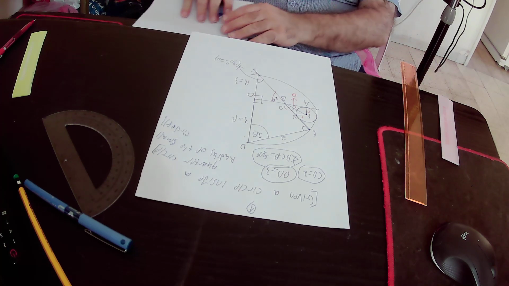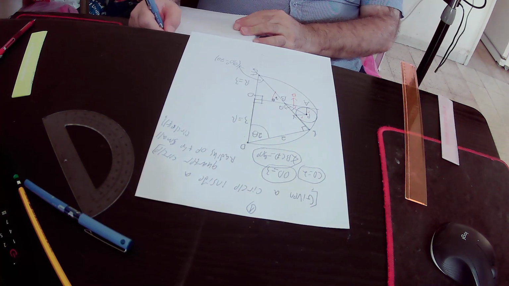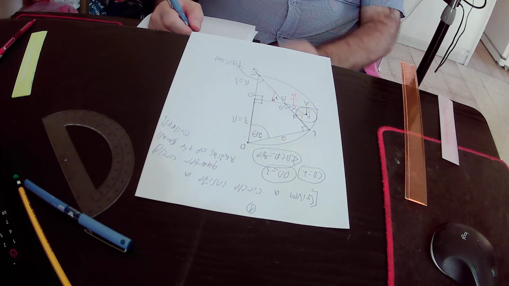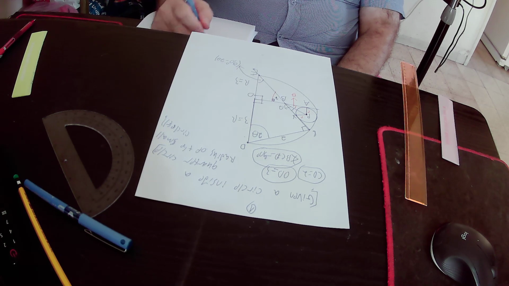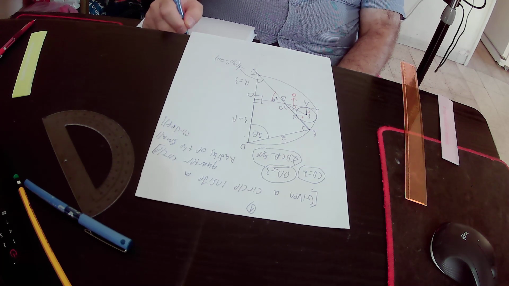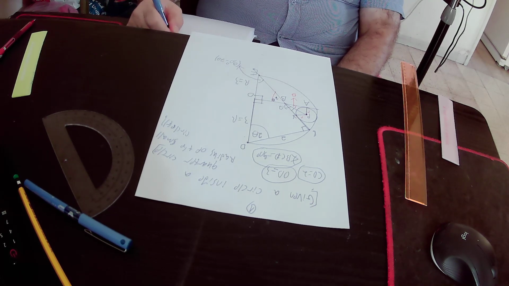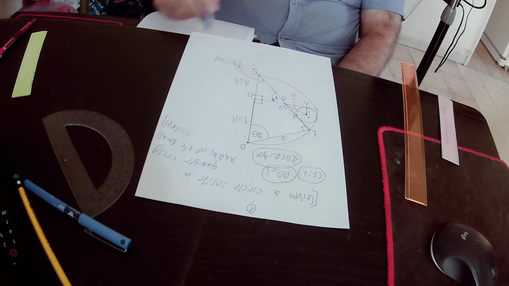And actually, tangent 2 theta in triangle CDE. In triangle CDE, tangent 2 theta equals CE over CD.